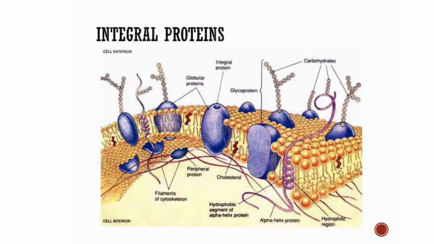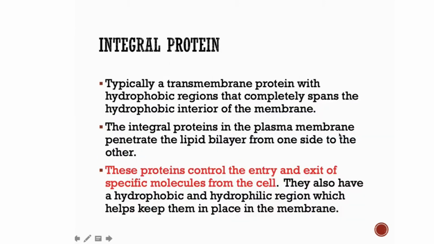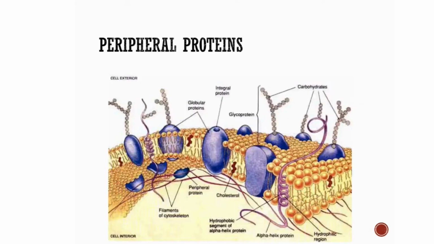Integral proteins are embedded in the plasma membrane, and these proteins control the entry and exit of specific molecules from the cell. They also have a hydrophobic and a hydrophilic region which helps keep them in place in the membrane. Peripheral proteins are attached to the plasma membrane or to the integral proteins.